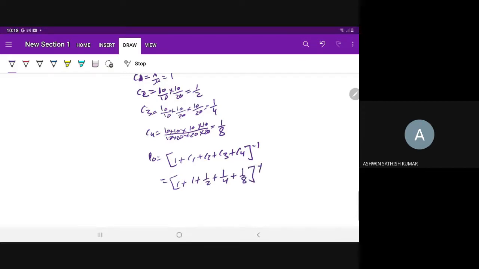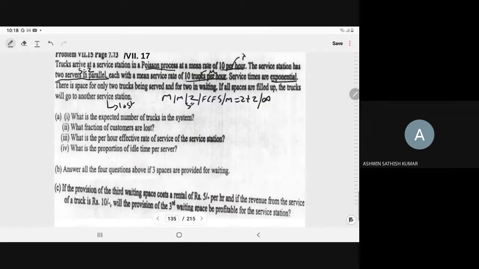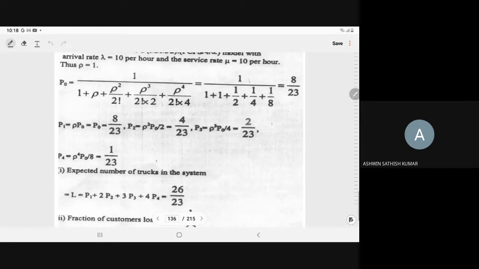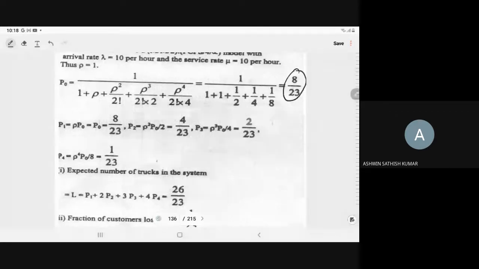So here we get P0 as 8 upon 23. Clear? Now from here, whatever we have to compute, we can compute.